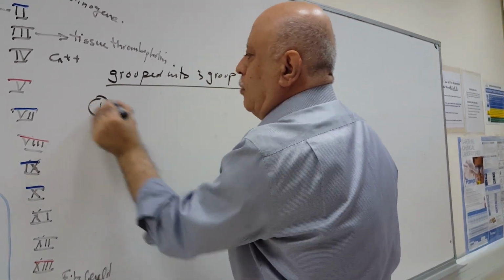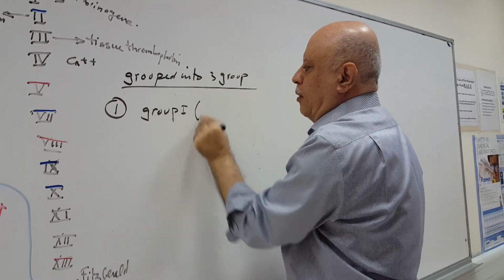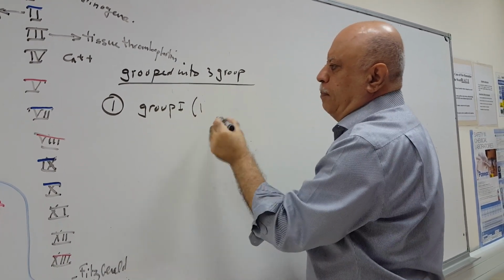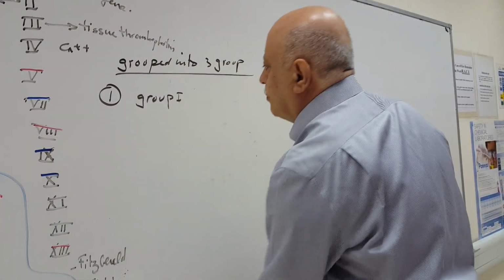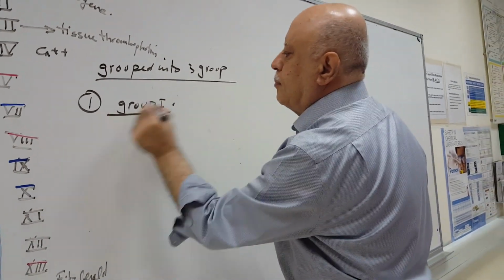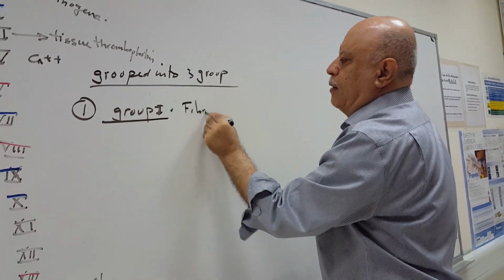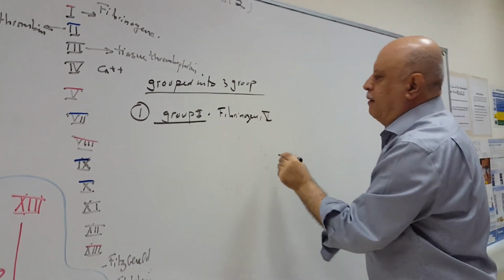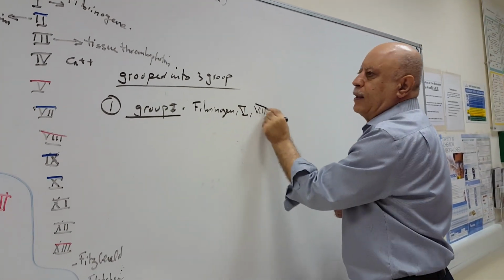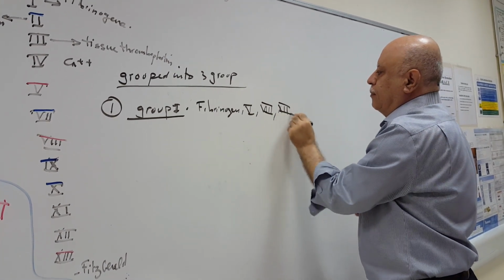Group 1, or the fibrinogen group, is made of fibrinogen, factor 5, factor 8, and factor 13.